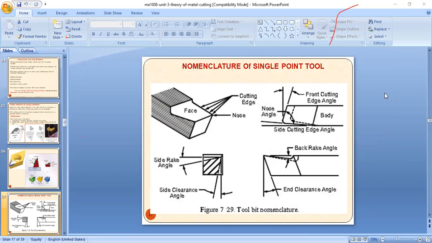You should not provide a larger edge angle because it weakens the tool. Yesterday I told you a rake angle of more than 15 degrees is not allowed. According to the positive or negative rake, we provide that angle. So the end cutting edge angle is usually provided from 8 to 15 degrees.